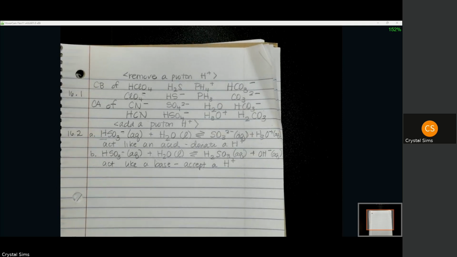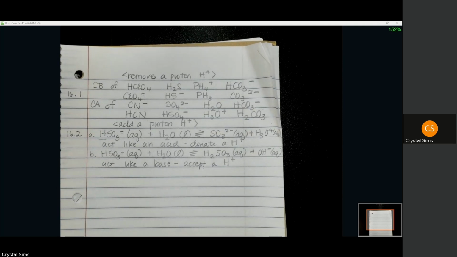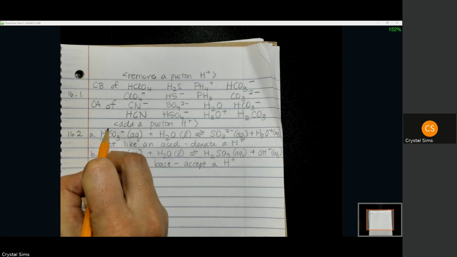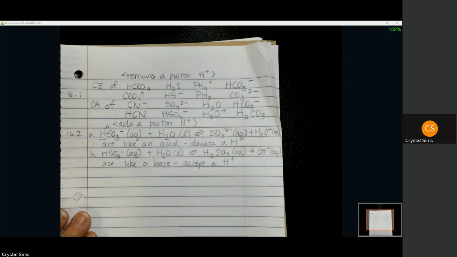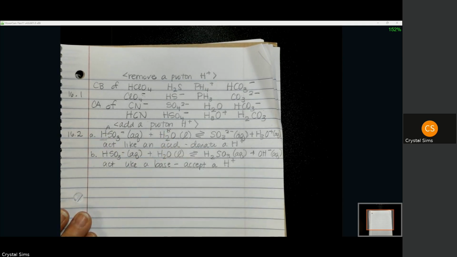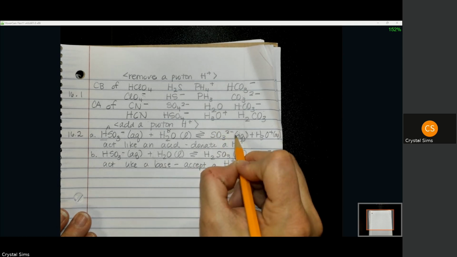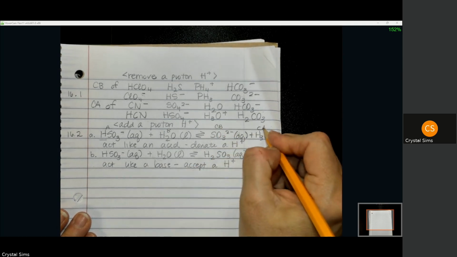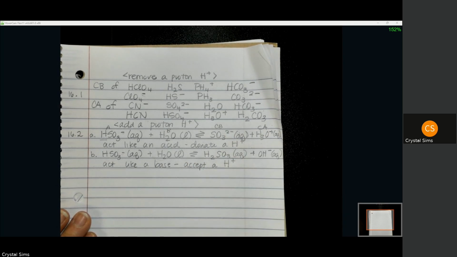So if we look at these in acid-conjugate base, base-conjugate acid pairs, this would be our acid because we wanted it to act like an acid. So then this would have to be our base. So the SO3 2 minus here would be our conjugate base, and the hydronium would be the conjugate acid.